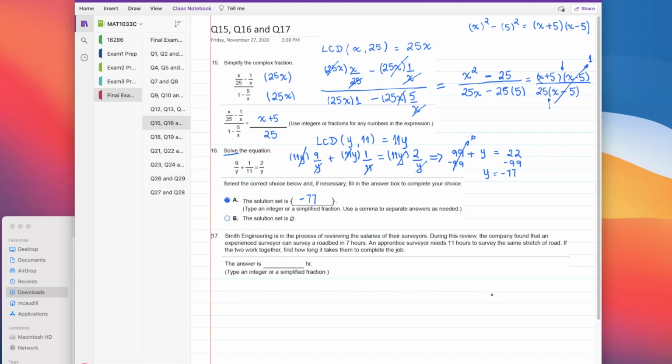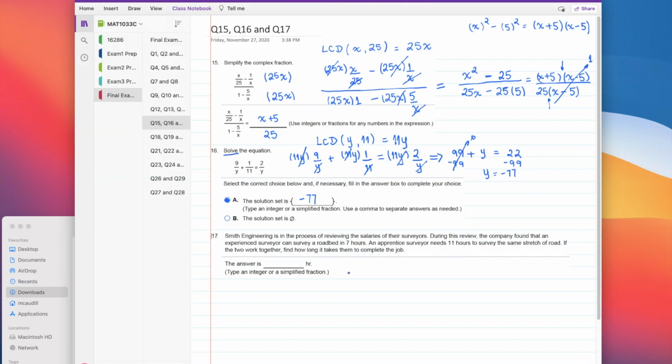A word problem. This word problem is very much used throughout business. Smith Engineer is in the process of reviewing the salary of the surveyors.